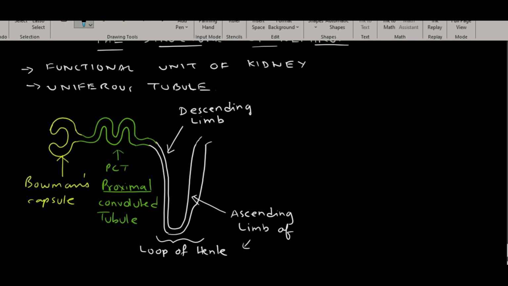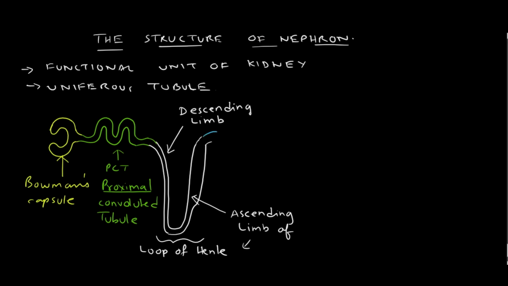Further, this limb continues into again a coiled tubule, and this one is known as DCT. DCT stands for distal convoluted tubule.